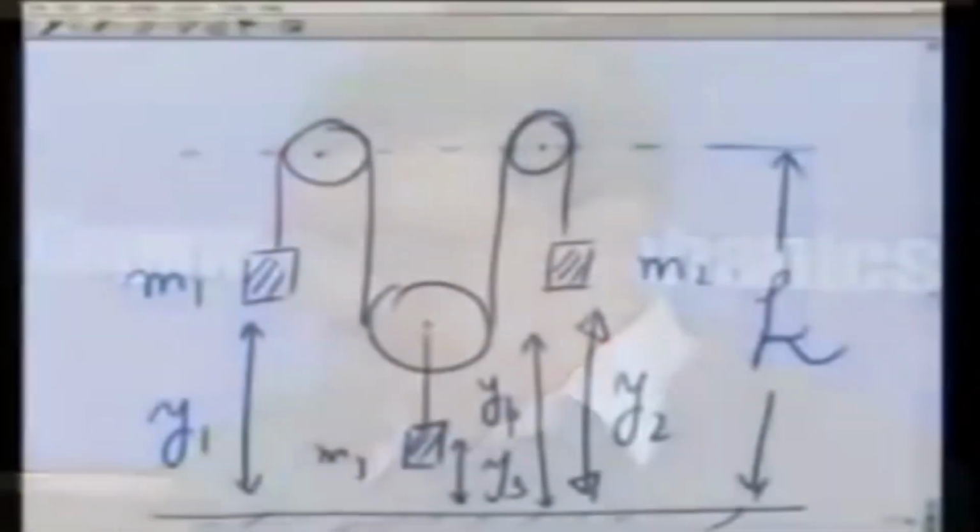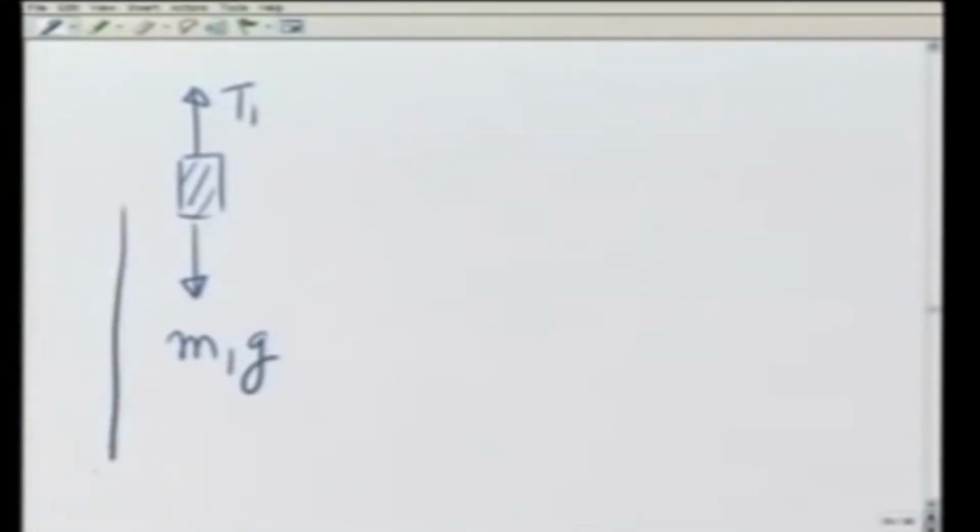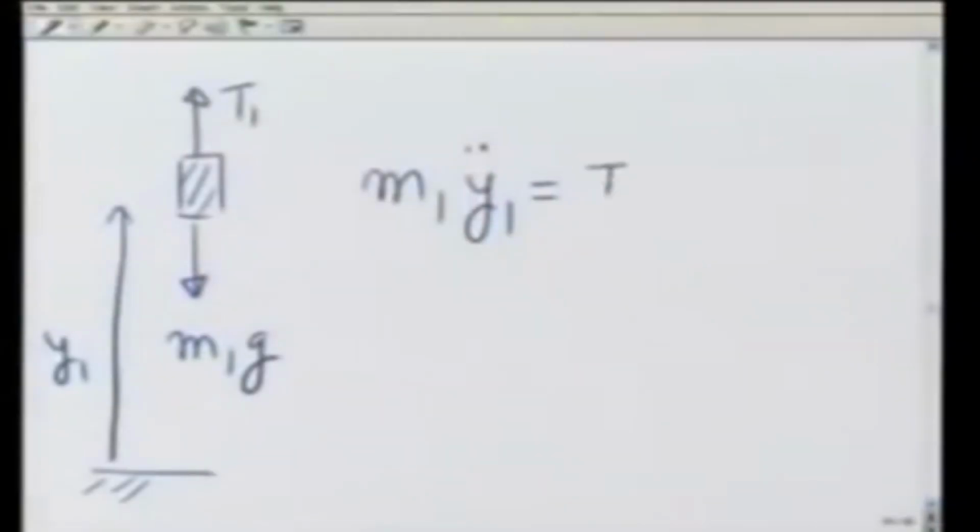To write the equations of motion, let me again go back to the free body diagrams and I will take them up one by one. If I go to mass M1, it had tension T1 acting this way, mass M1G pulling it down, and its height is measured from the ground as y1, and therefore the equation of motion for this is going to be M1 y1 double dot equals T1 minus M1G.